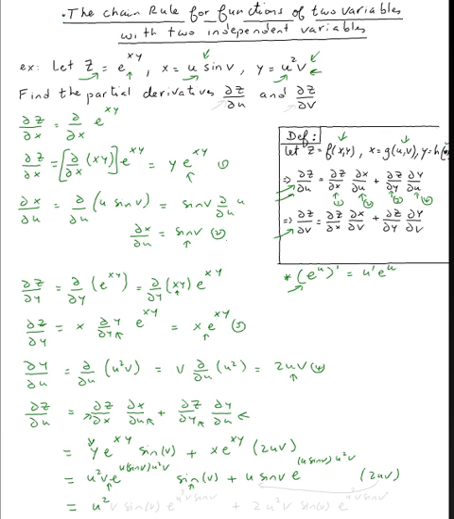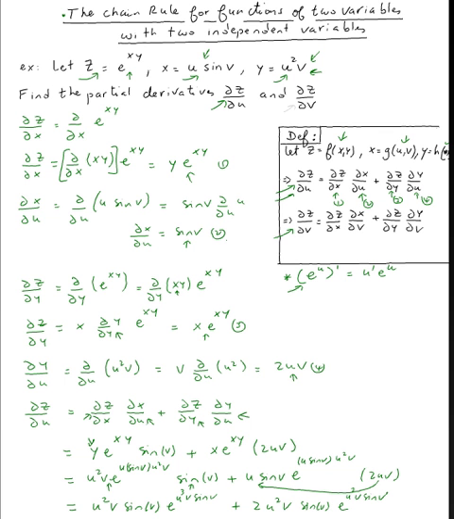So u squared v sine of v, and then e to the u squared times u, u cubed v sine v, plus, let's multiply this by that, you get 2u squared v sine v times e to the same thing, that would be u cubed v sine v. So this is just partial z with respect to u.